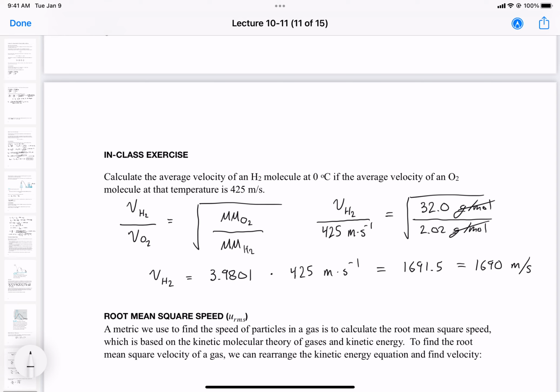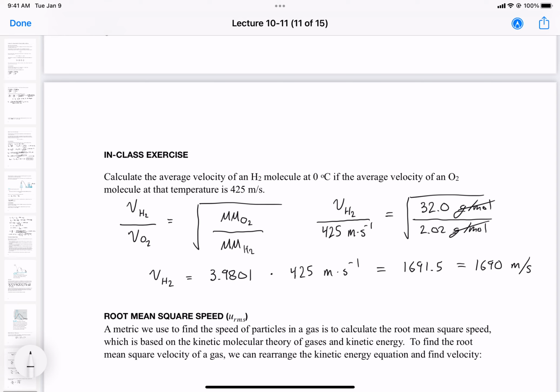So, does this make sense? Well, hydrogen is much less massive, so it doesn't have as much mass as oxygen. So it should move faster. And the way we set it up here, it does indicate that it moves faster. So that is in fact our correct answer. So if you have a gas particle and its molar mass is less, it should have the higher average velocity.